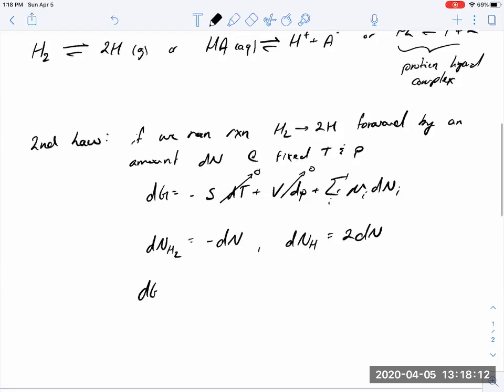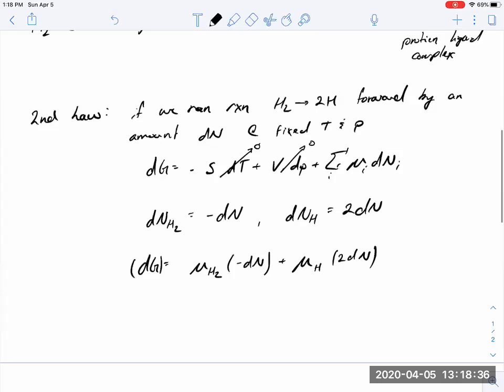So the corresponding change in the Gibbs free energy will be the chemical potential for H2 times its change in number of particles, which we just resolved was minus dN, plus the chemical potential for the hydrogen atoms times its corresponding change in number of particles, twice dN. At equilibrium, that sum has to be equal to 0.